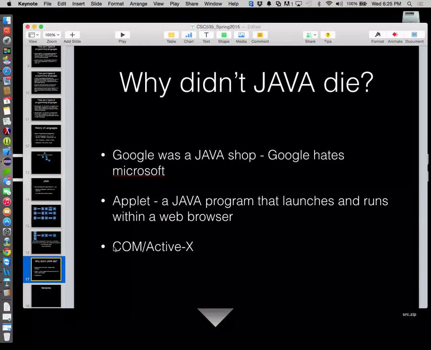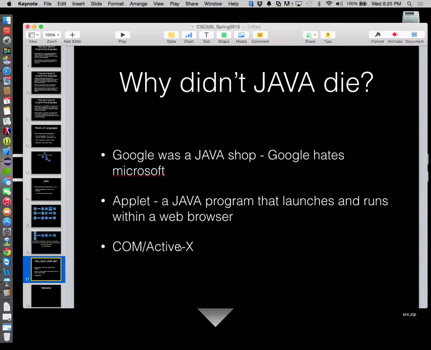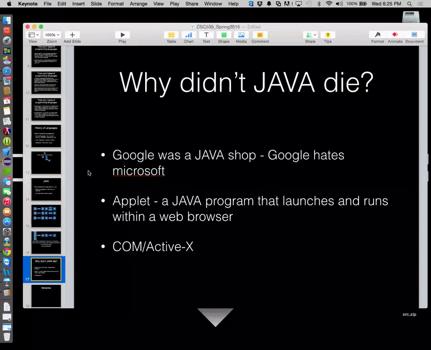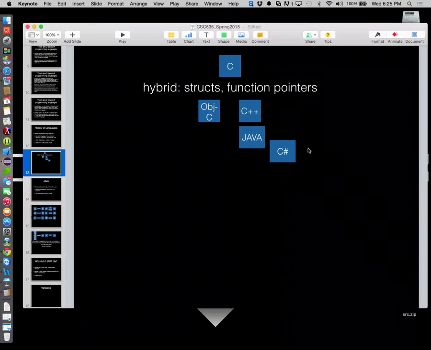Finally, from a teaching perspective, I really like Java. You get all the benefits. Again, we're looking at our hierarchy here, the lineage of these languages. So in the early days, we had C. C++ used C syntax, so to move from C to C++ didn't require you to learn a brand new language, just a couple of little caveats. Go from C++ to Java, same thing. Java looks like C++.